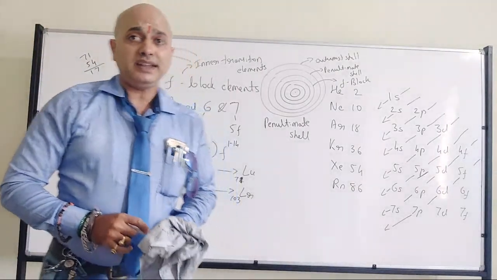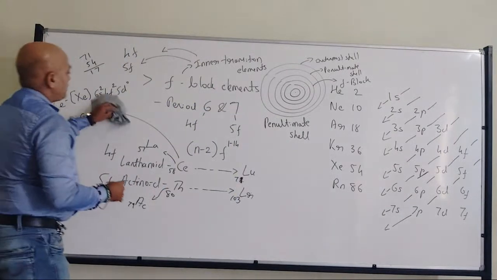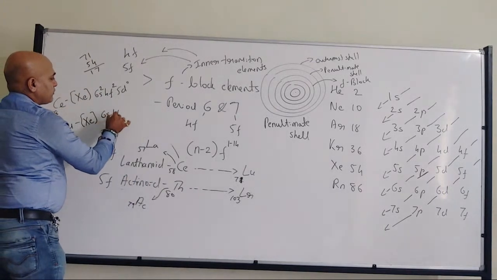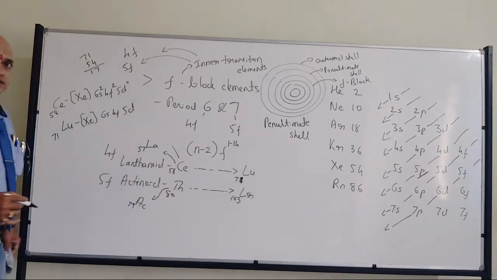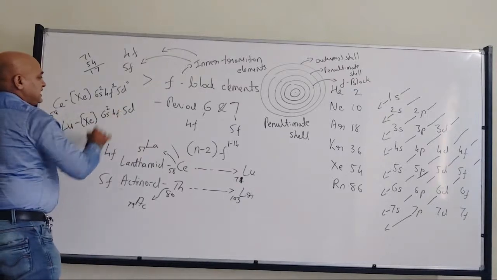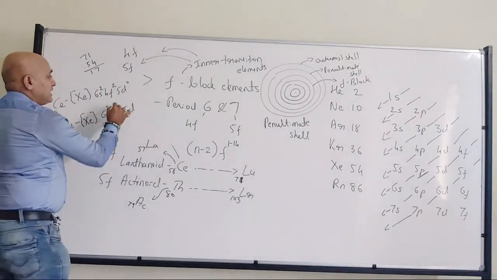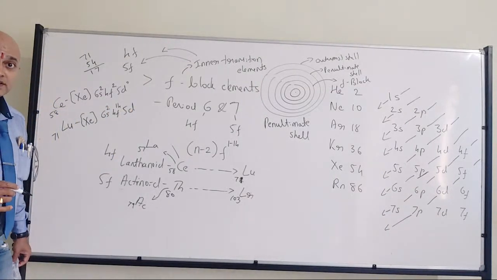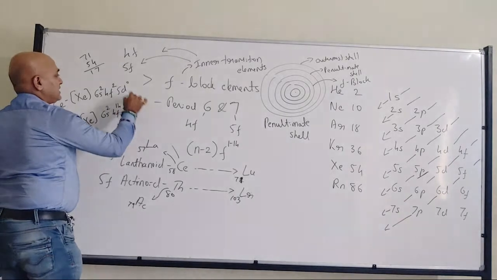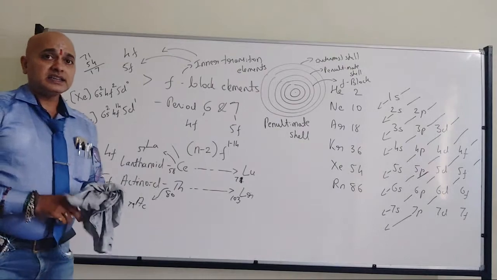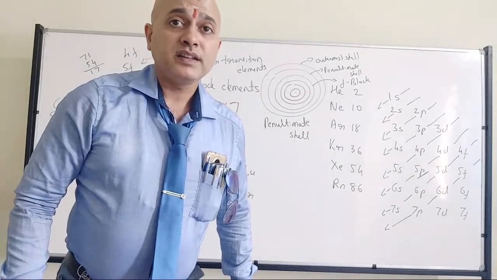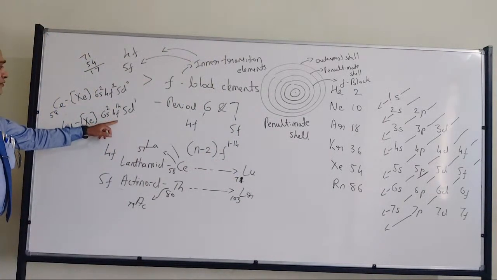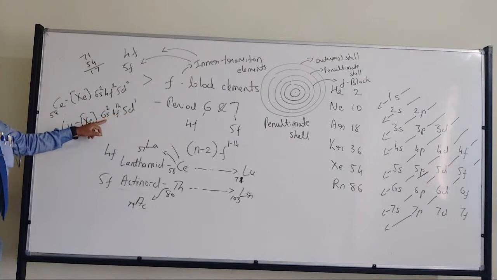Same thing, it will come 6s, 4f, 5d. So 17 electrons, right? 6s2, then we have 14 in 4f. 16 has happened, 14 plus 2. Then another one will be 5d1. So the electronic configuration is 4f14, 5d1, 6s2.